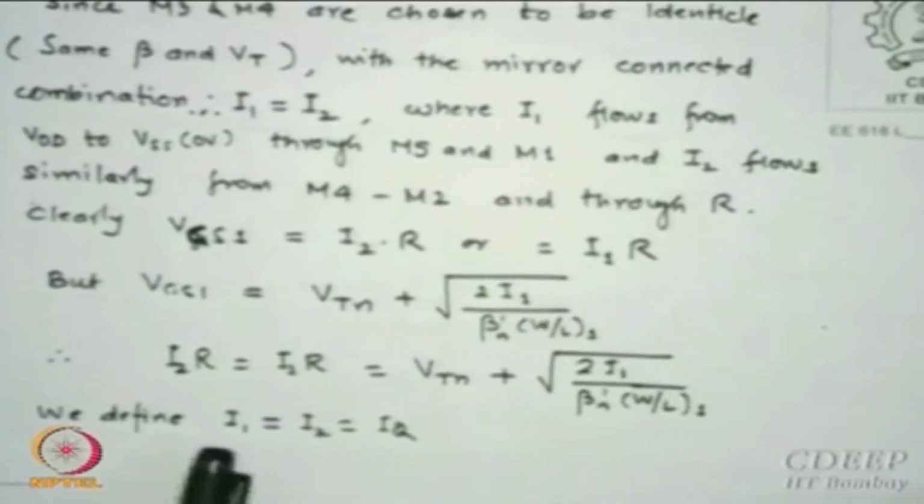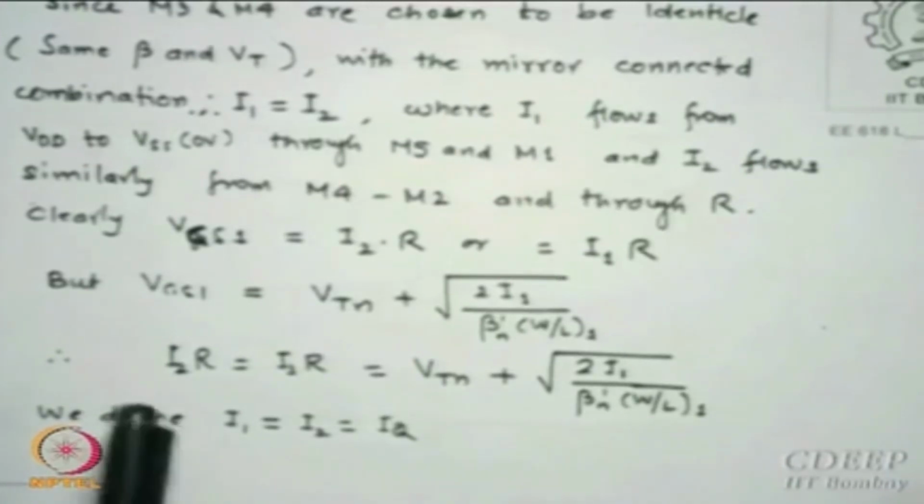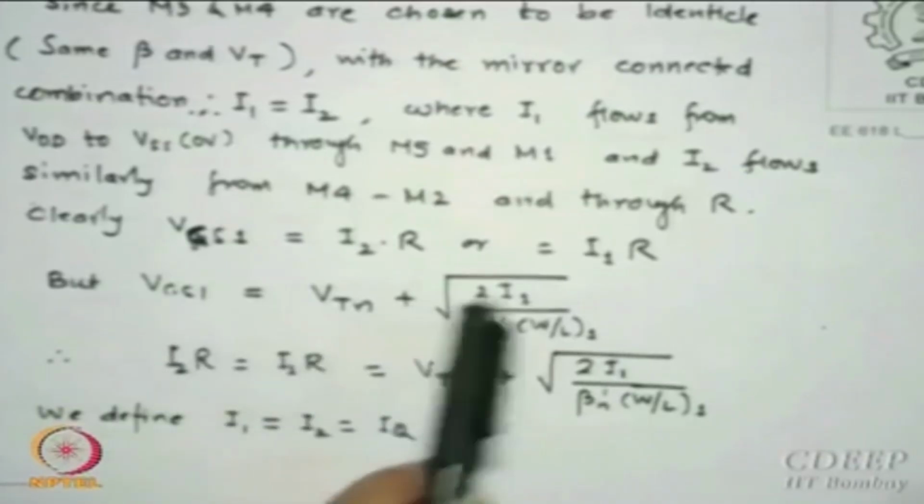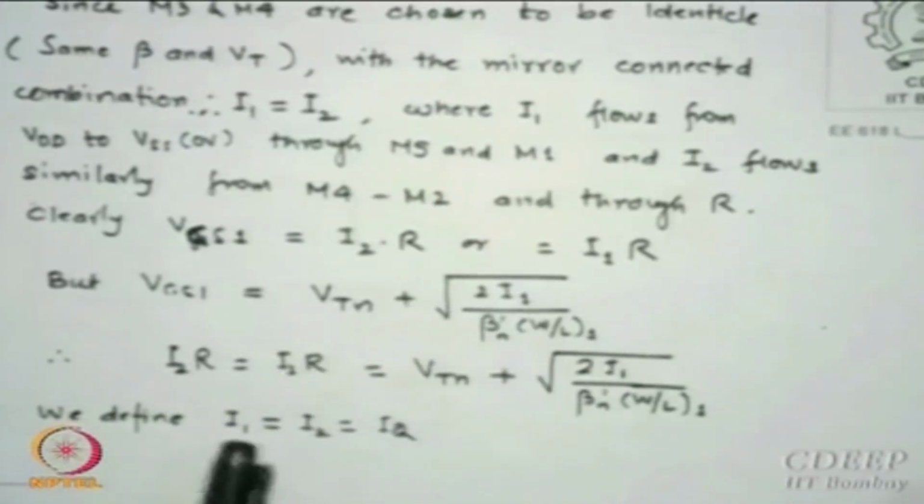So I1 is equal to I2 equal to IQ, and if I write the expression for VGS1, which is VTN plus the square root of 2I1 upon beta n dash W by L1, and if I1 equals I2, this I1 can be replaced by IQ. So the I1R drop is VTN plus the square root of 2I1 or I2, whichever it is, upon beta n dash W by L1. So I now have an equation which can be derived simply by VGS equal to the IR drop.